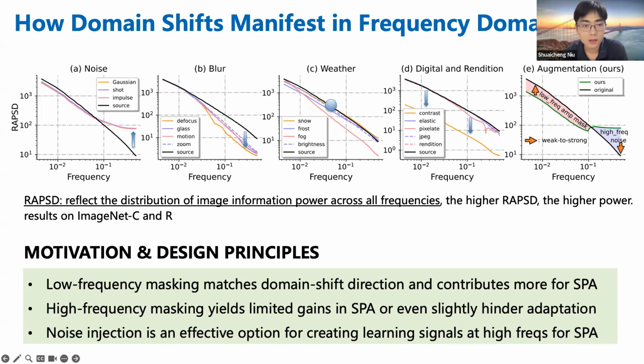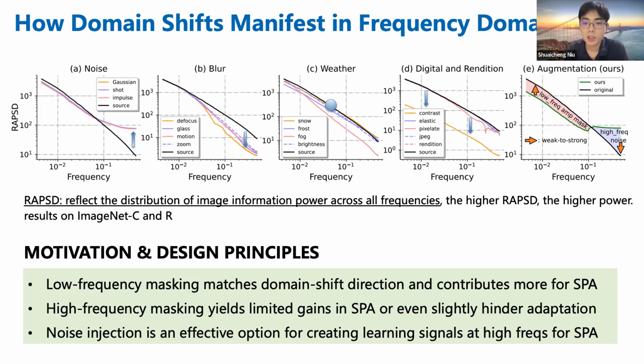The first is that low frequency masking contributes more to SPA. This is because images generally exhibit high absolute RAPSD values in the low frequency range. Thus, the RAPSD difference before and after we apply a low frequency mask is relatively large, making random low frequency masking an effective way to supply sufficient learning signals, no matter whether amplitude shifts degrade or remain unchanged.